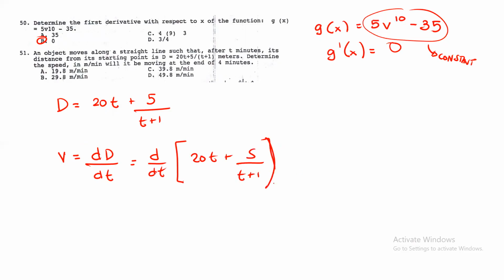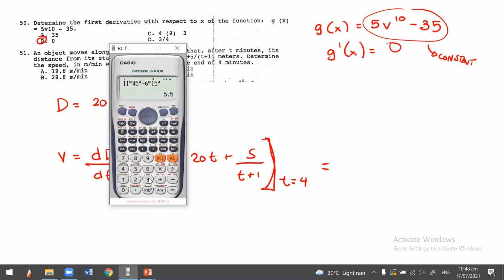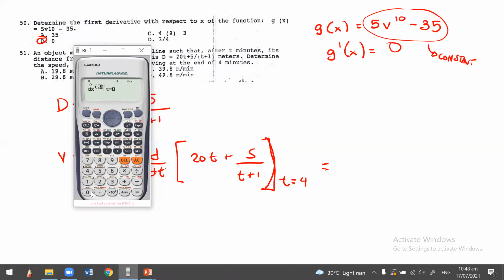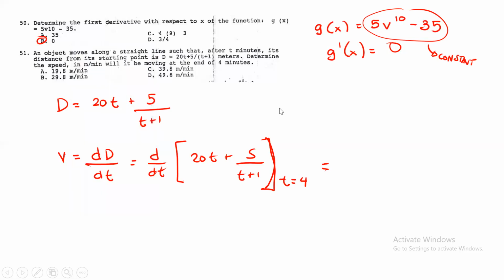Then we substitute t equals 4 minutes and calculate. Using the calculator, shift mode, 20x plus 5 over x plus 1, at x equals 4 minutes. We get 19.8 meters per minute. So the answer is letter A.